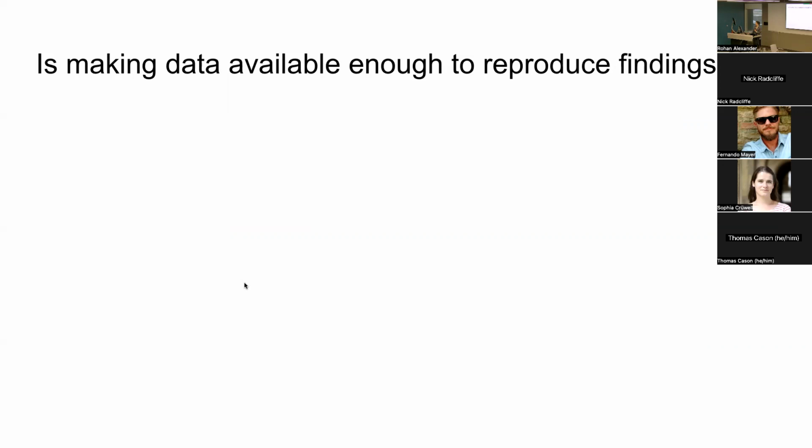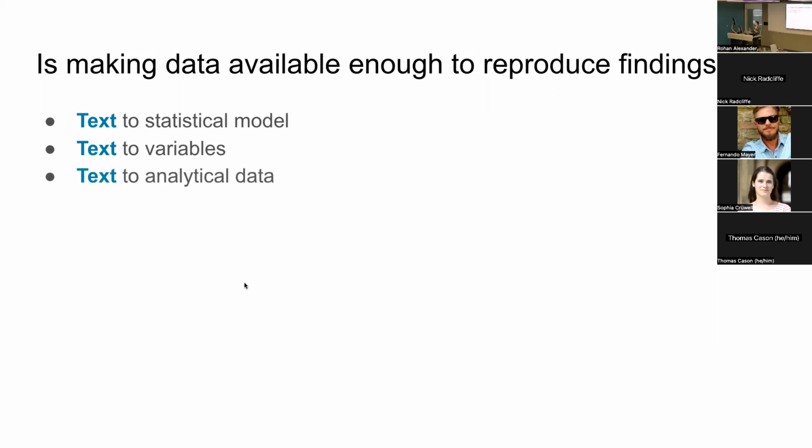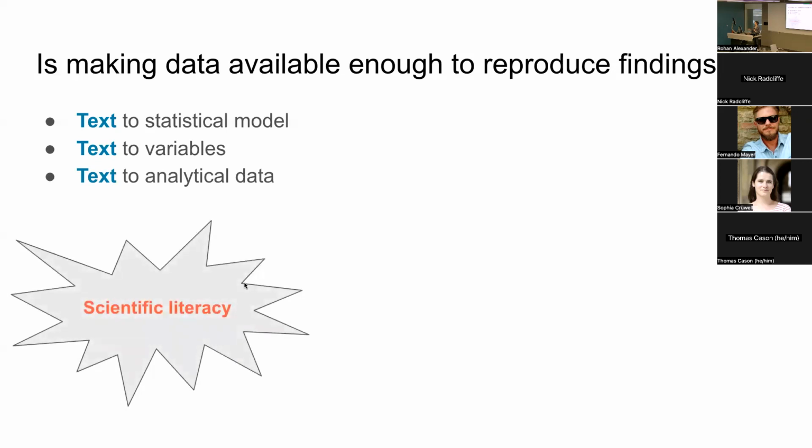I think that is still a challenge because you still need to interpret a lot of the text in the main paper to arrive at the statistical model that the authors are using, to understand what variables they're using, and of course, to interpret the text to understand what kind of analytical data they are using at the end of the day. So it requires a very high level of scientific literacy to still reproduce the analysis based on the data that the authors provide.